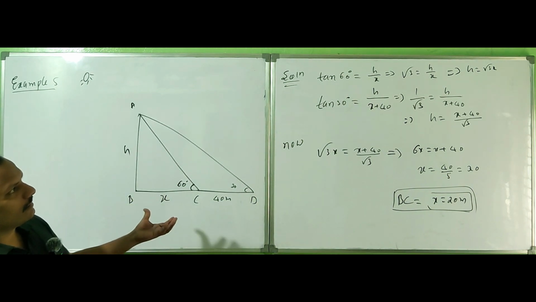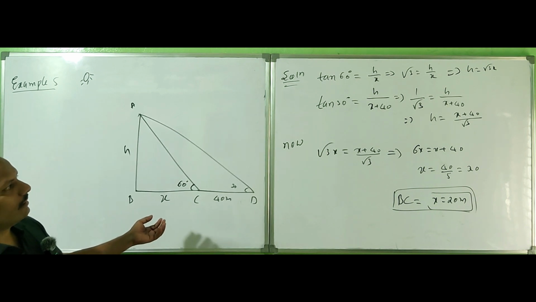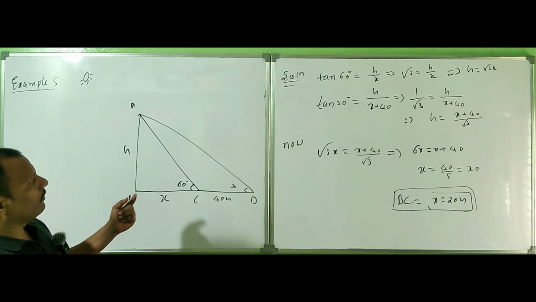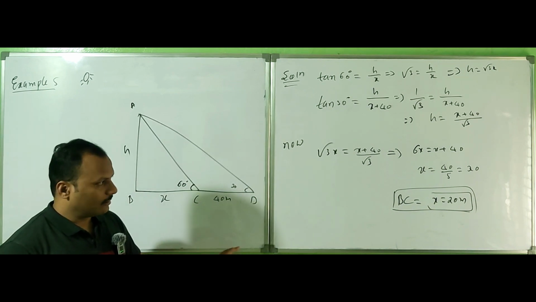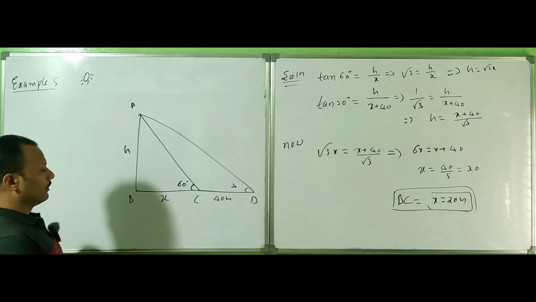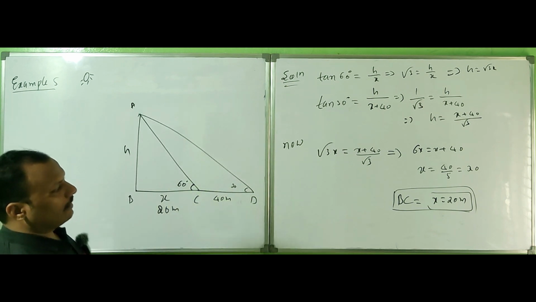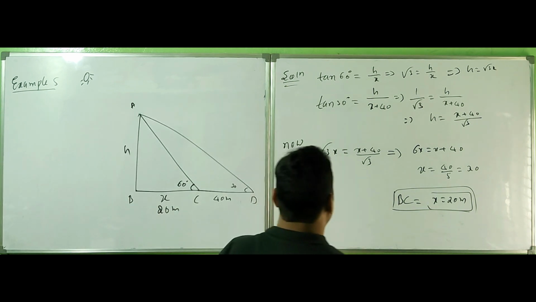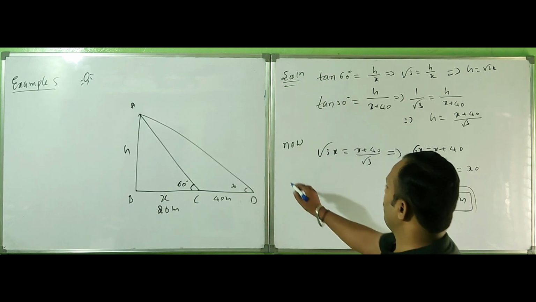What we want is to find the height of the tower. We got the x value, which is 20 meter. Then what is the value of the height? I am making the box here.